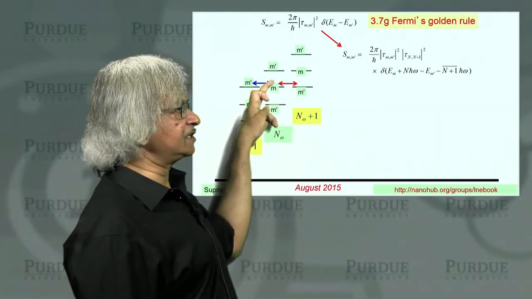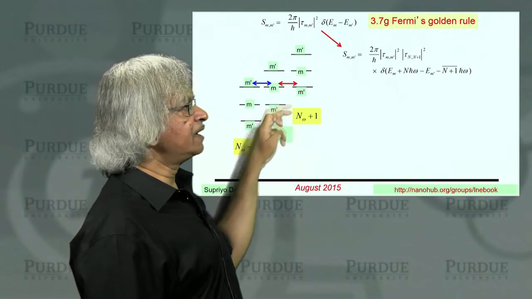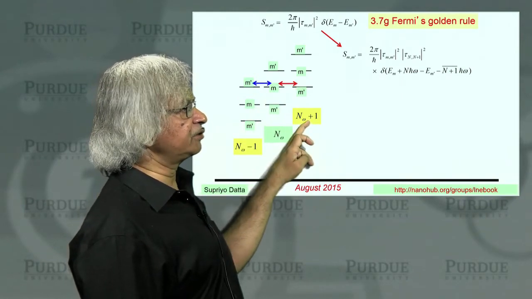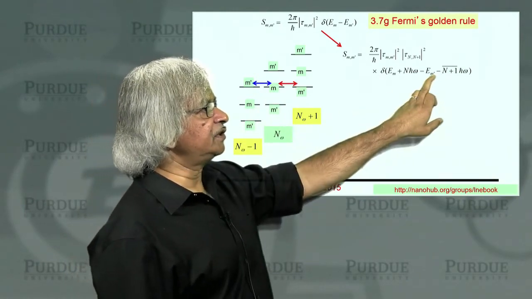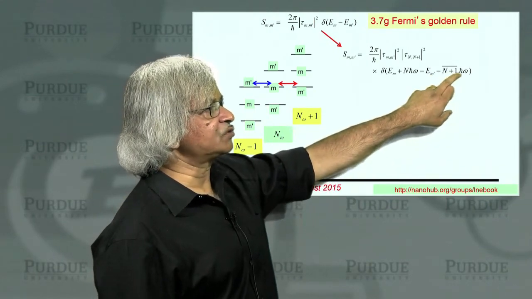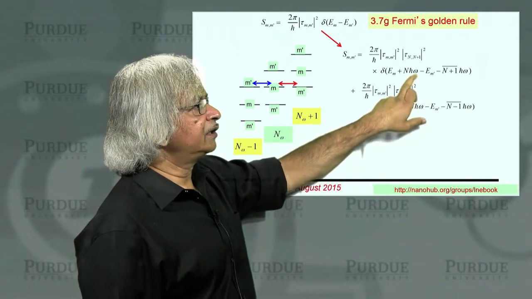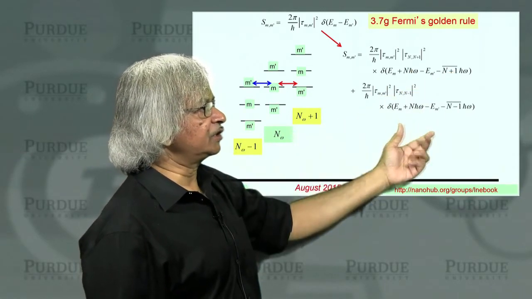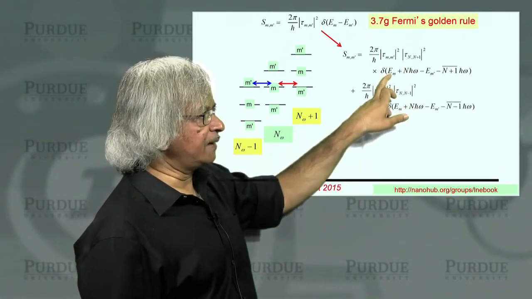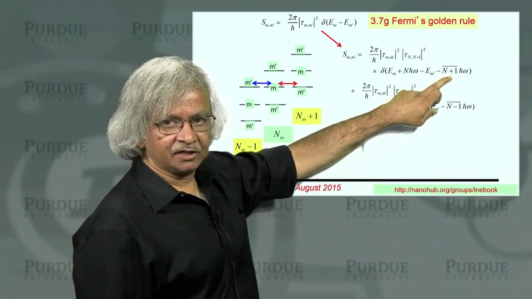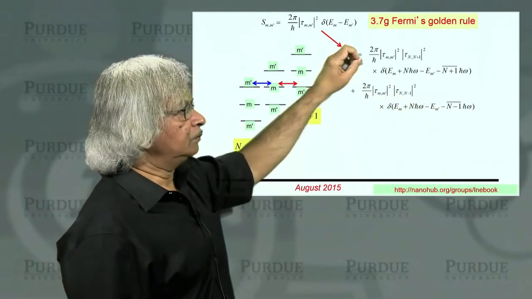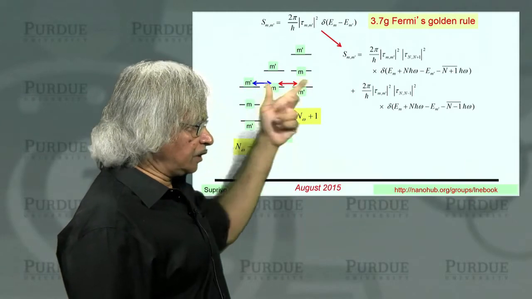Why? Because this state is associated with n phonons. On the other hand, this state is associated with n plus 1 phonons, so you have Em prime plus n plus 1 h bar omega. And now you can cancel the n's so that you'd have this Em minus Em prime minus h bar omega.